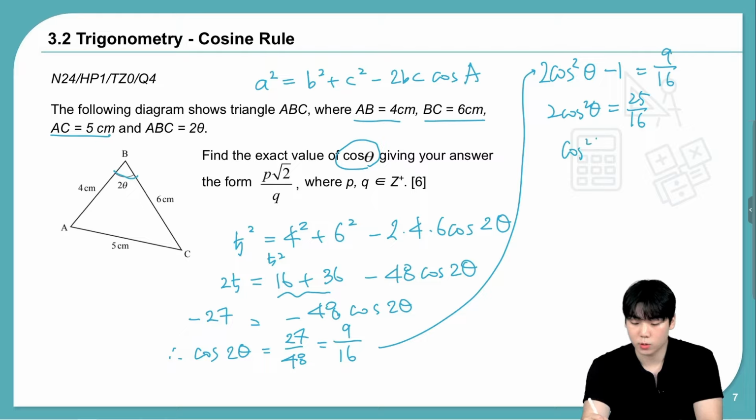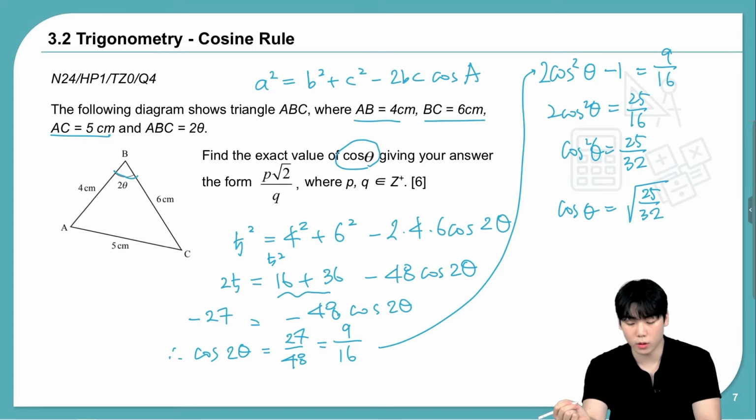And cosine squared theta is equal to 25 over 32. And so cosine theta is square root of 25 over 32. Of course, I can have plus minus. I should have plus minus if it were just an algebraic equation, but I should not here in this case because we're told that P and Q are positive integers, okay?